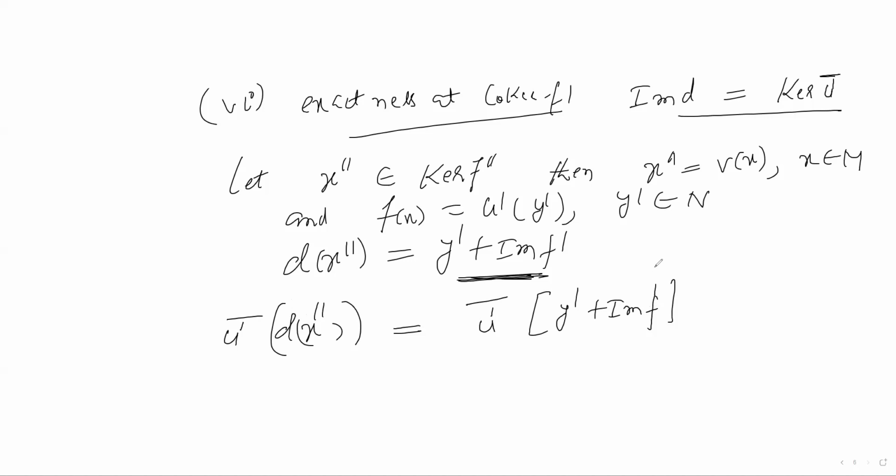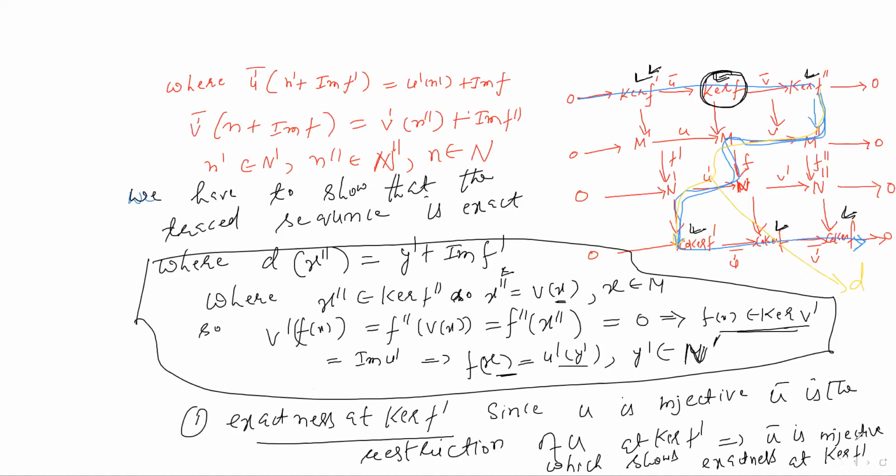Now if you remember the definition of D and this definition of u dash bar, it is nothing but u dash y dash plus image of f. If you remember, we wrote it in the beginning.